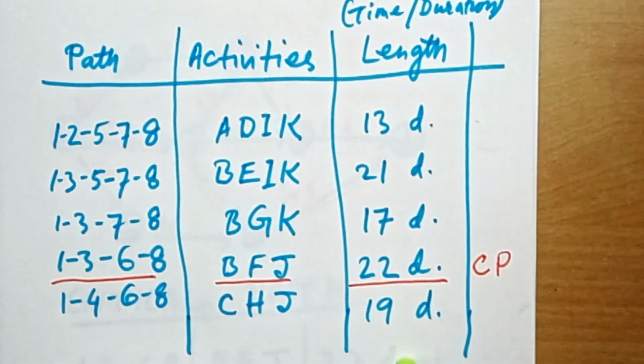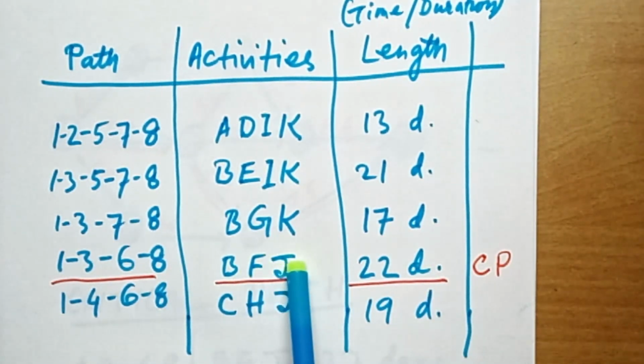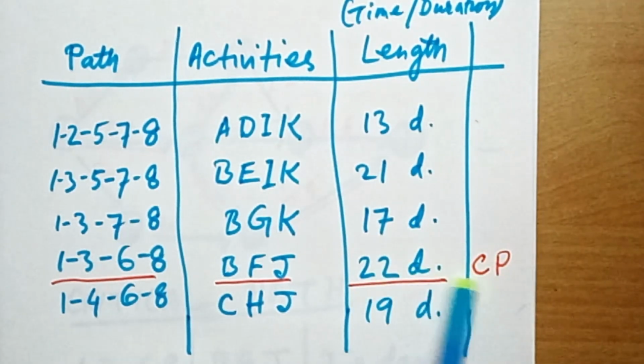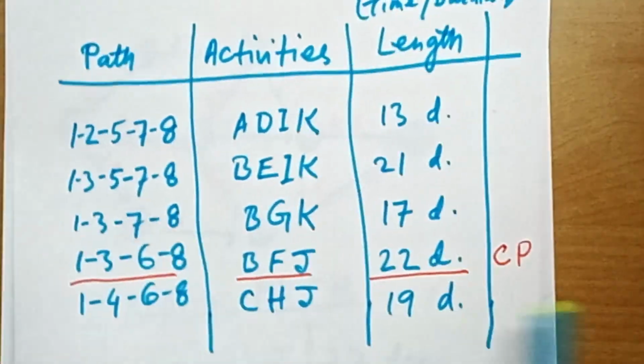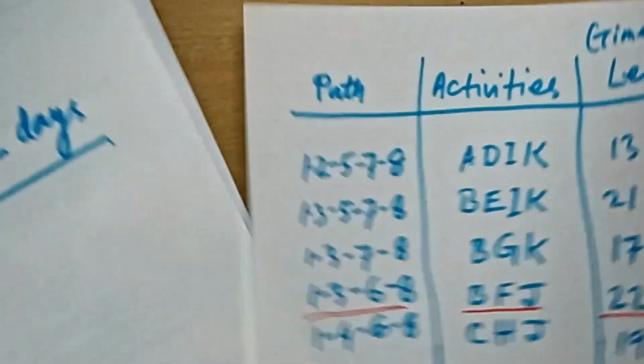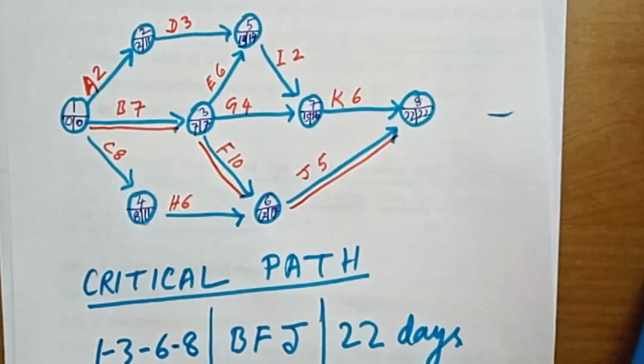We found that path 1, 3, 6, 8, BFJ, has the longest duration, 22 days, and that's why this path is called the critical path. So this is the first method, and we have also understood the second method.